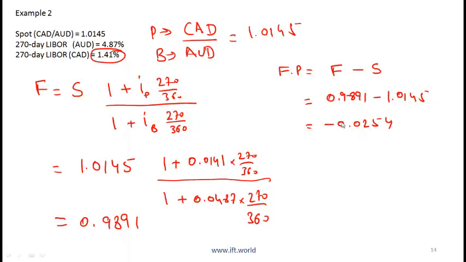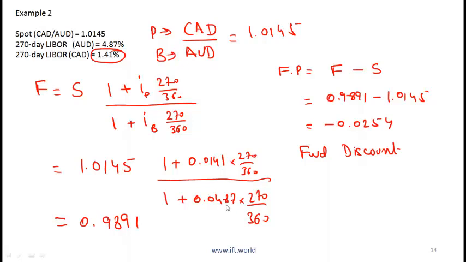When we have a negative premium, this is also referred to as a forward discount. So we can either say that the forward premium is minus 0.0254, or we can say that the forward discount is 0.0254. Now, note the following. In this particular case, note that the base currency has a relatively high interest rate.